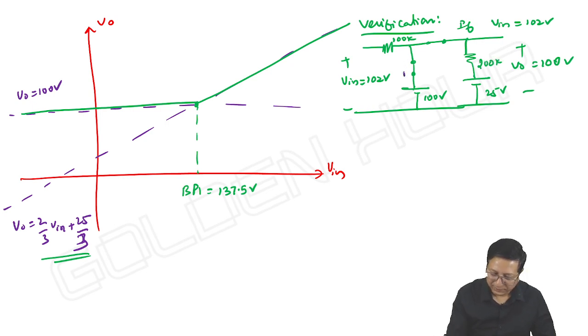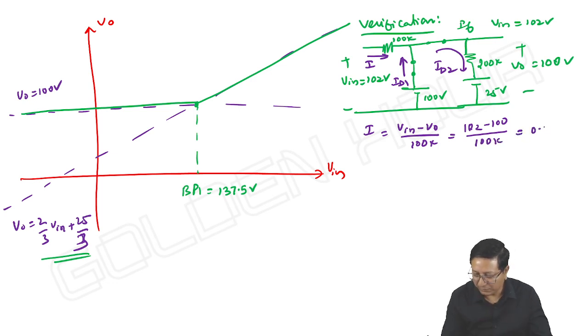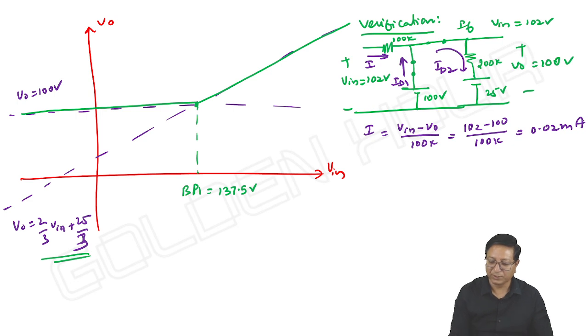Then this current is ID1 and this current is ID2. First we can calculate this current as I. What about I? It is input minus output by 100k. It is 102 minus 100 by 100k, 0.02 milliampere.